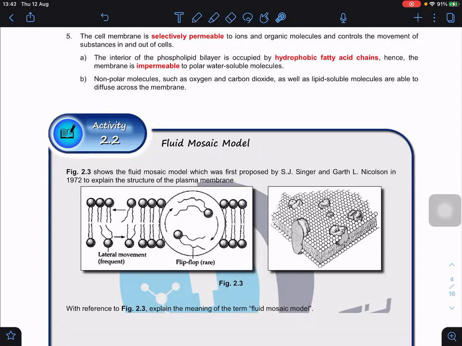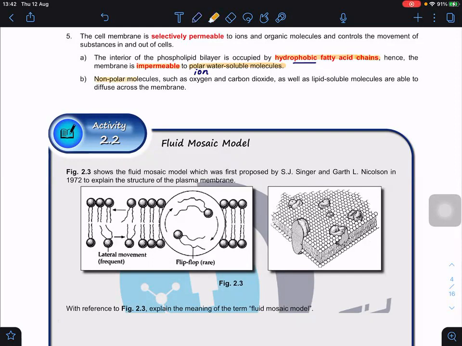Because the interior core of the phospholipids is actually occupied by the hydrophobic fatty acid chains. Because they are hydrophobic, they are impermeable to polar, water-soluble molecules and also charged ions. Those charged ions are not able to move across the phospholipid bilayer, definitely not by diffusion.